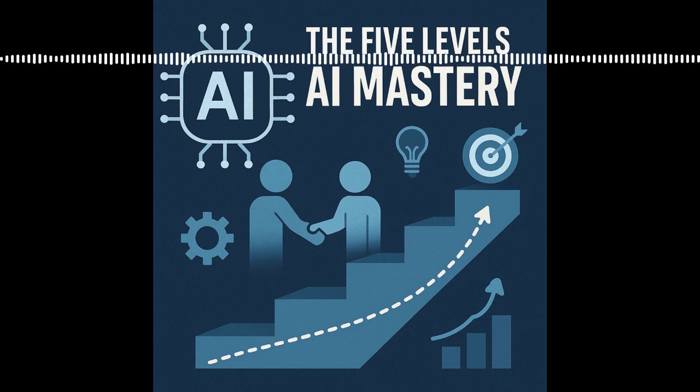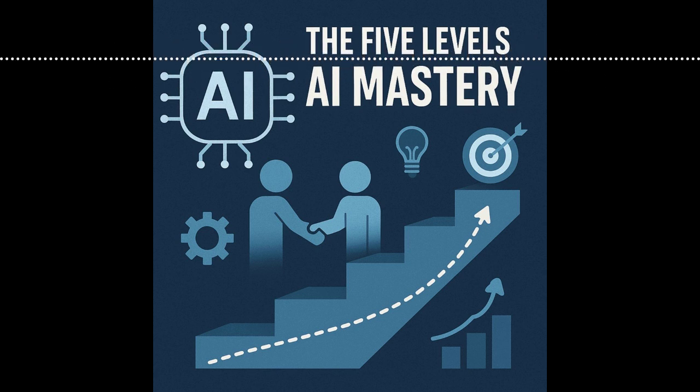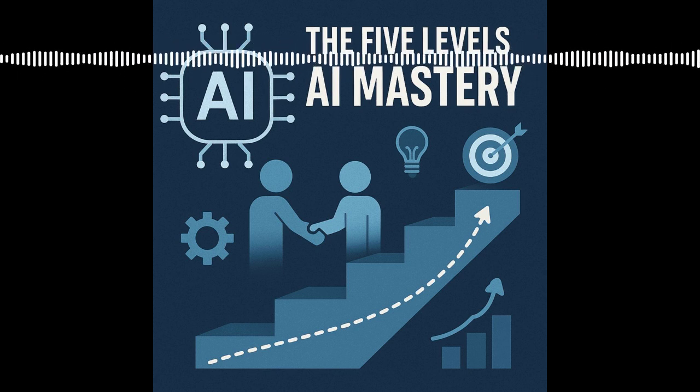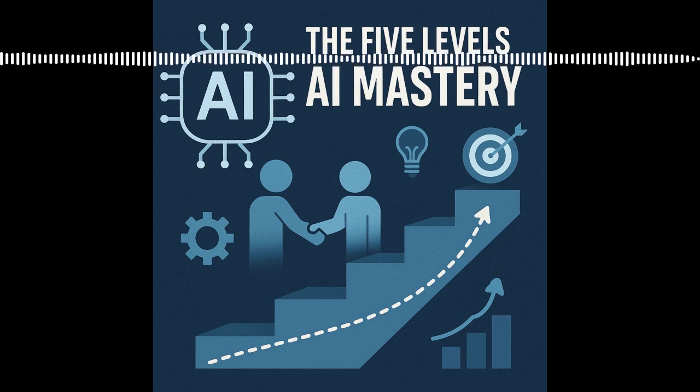We'll go over that in a little bit more detail. Next level is having AI become a creative partner, collaborating with AI on content and ideas. And then the next level is workflow builder, integrating AI into your entire process. And then agent mode, or using agents or co-pilots to delegate full tasks to these AI assistants.